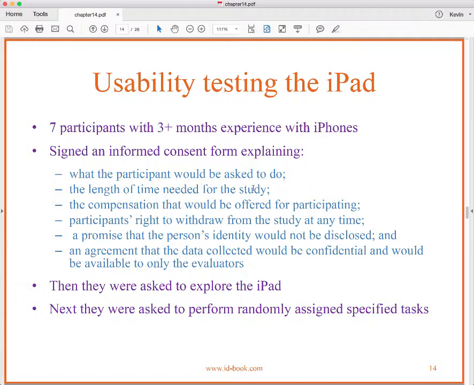They were then asked to explore the iPad. And the exploration that they were allowed to do on the iPad was free form. Okay, so they were given the opportunity to do whatever they wanted while they were being observed. Next, they were asked to do randomly assigned specific tasks.